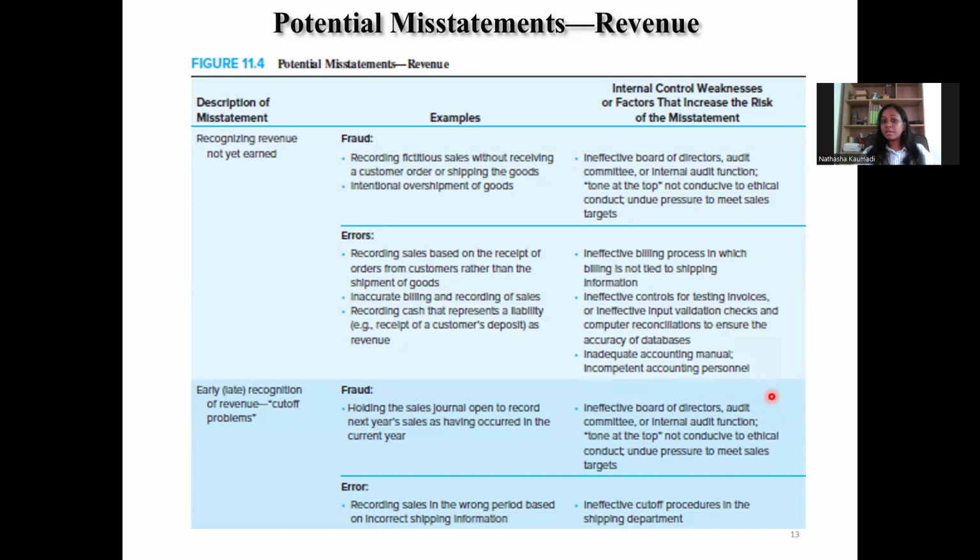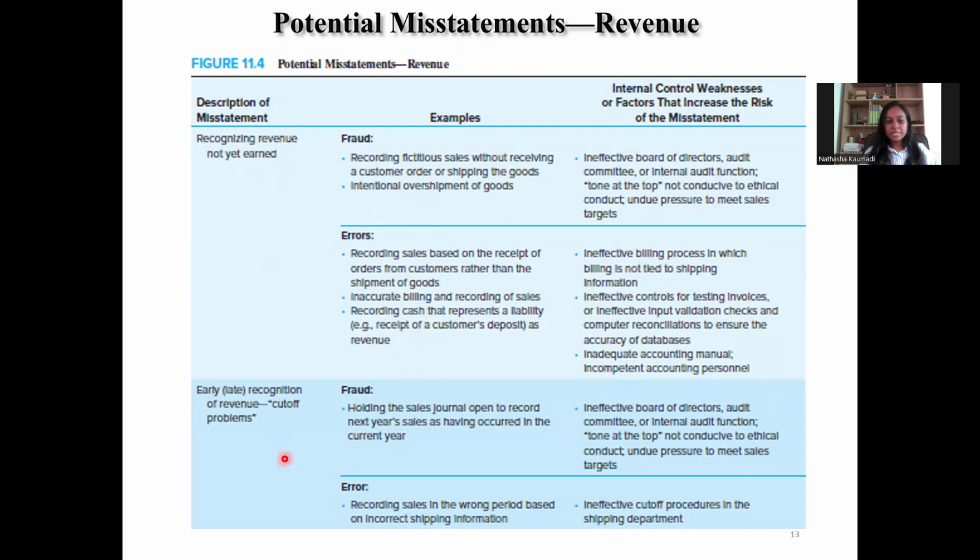That's why they are making errors. Maybe they are not skilled, they are incompetent, there's no accounting manual for the work. Maybe the billing process is ineffective. They are not checking other documents. Likewise, there can be issues. So in these slides, one by one: what is the misstatement? What are the examples? And what are the reasons?